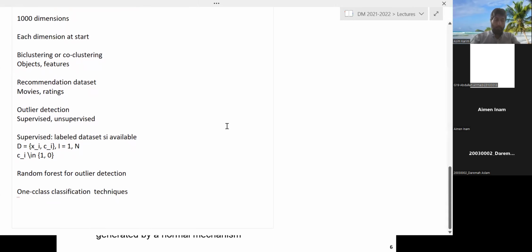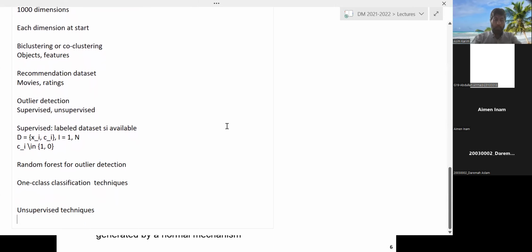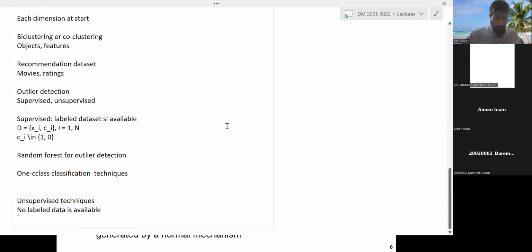So now let's focus on unsupervised. So in unsupervised techniques, no label data set is available. Okay.